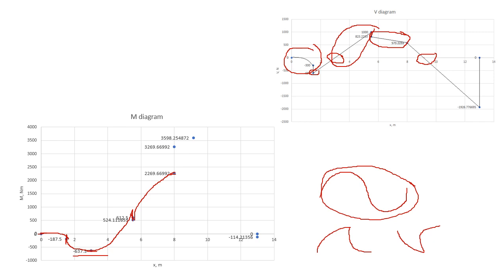We should have an upwards movement first because of our clockwise 1,000 Newton meter load. And then from 3269 to 3598, that would be a positive decreasing slope. Again, 3598 is a point of inflection.